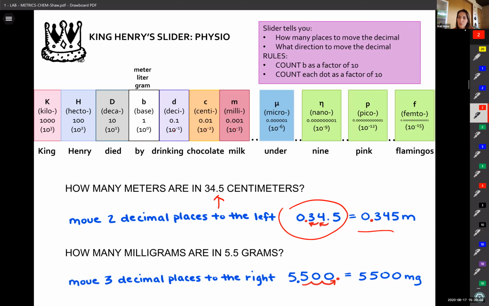Let's take that 0.345 written in standard notation, and let's write it now in scientific notation. You need to take a minute, think to yourself, how would you write that down?